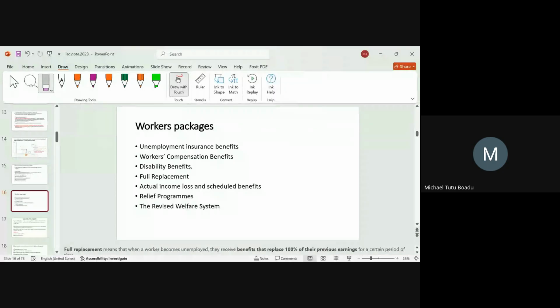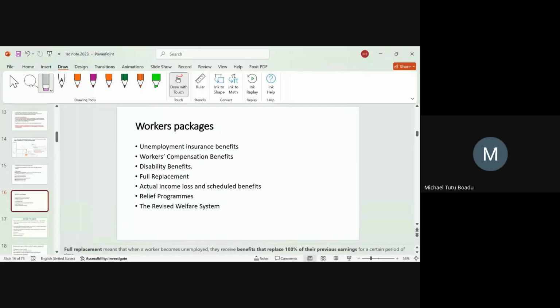So workers' packages. Workers must also receive some package when they are employed. The package can be what is due them, like my actual salary that I have to receive, or it can be some programs to take care of me when I am in need, or when something happens, or when the organization is collapsing or whatever.